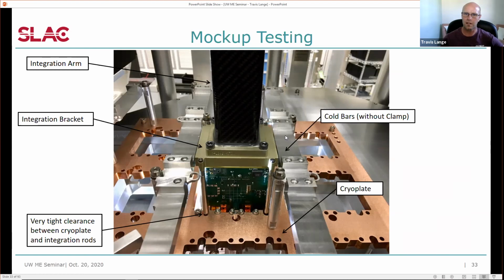And that cold bar is used to remove the heat of the readout electronics. So there's two different thermal zones within the cryostat. There's a cryo surface that's minus 130, and there's a cold surface which is minus 40. And those two are used for different purposes. One is for the CCD, and the latter is for the readout electronics.